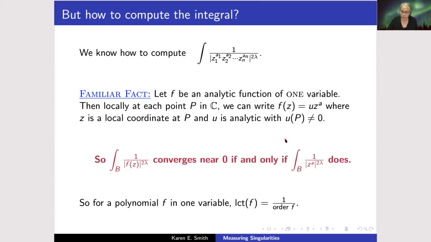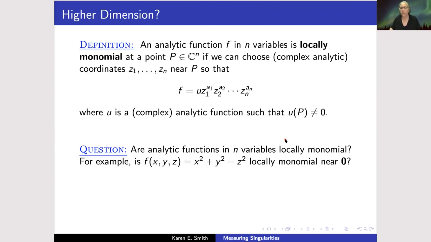So the question now is whether we can somehow do the same argument in many variables. So let's make a definition. We'll say an analytic function is locally monomial at a point if we can choose analytic coordinates for Cn near that point so that we can factor f like a monomial, like we just did a moment ago.